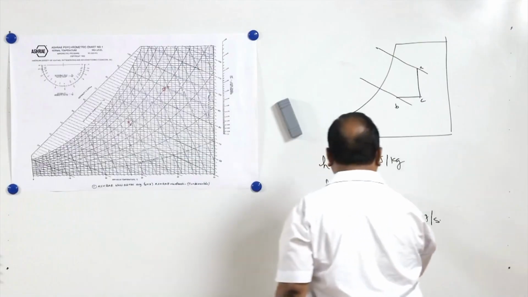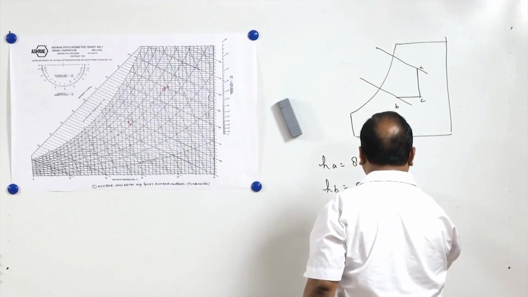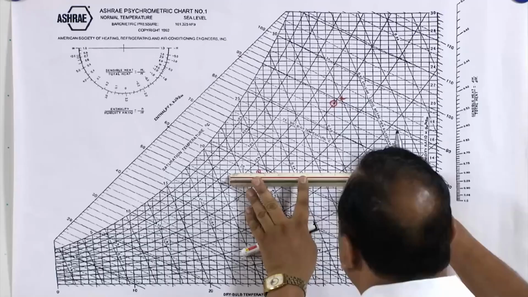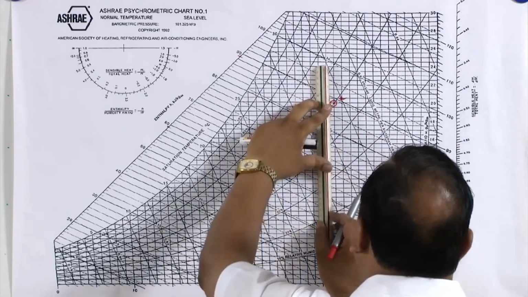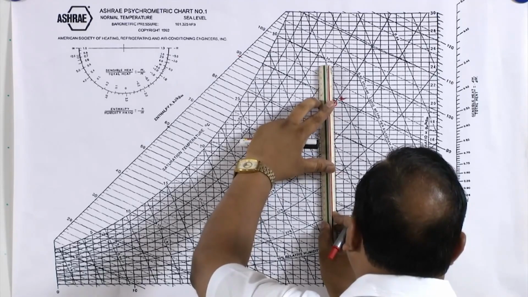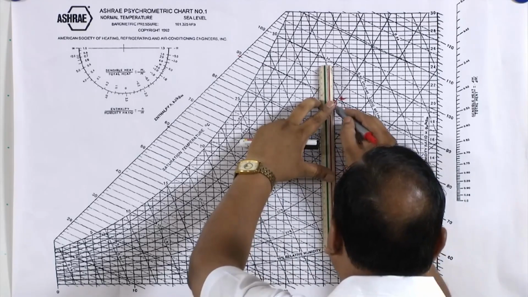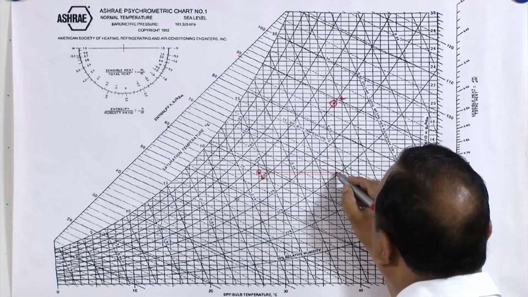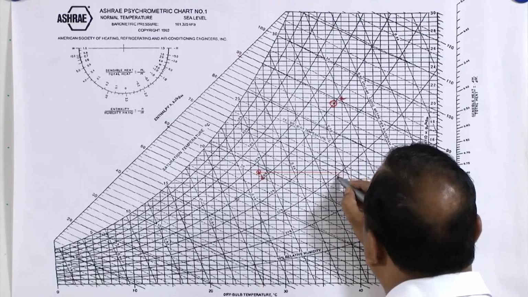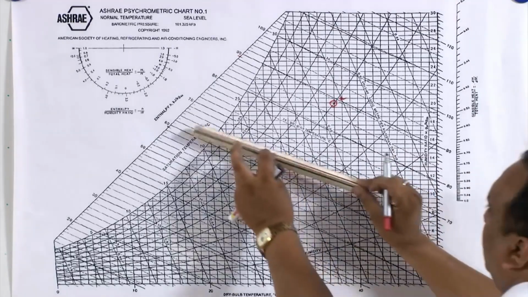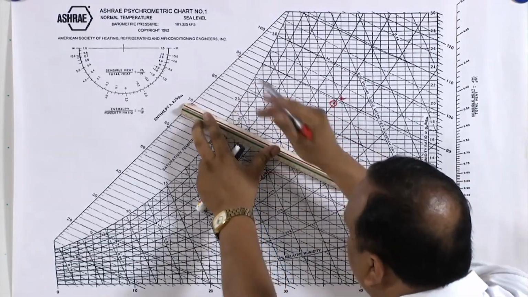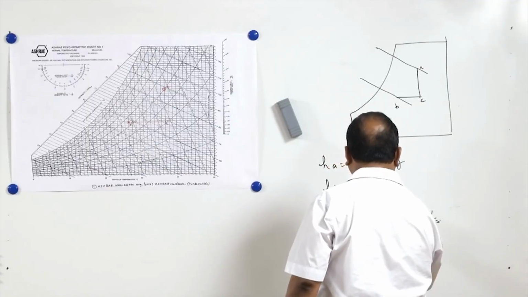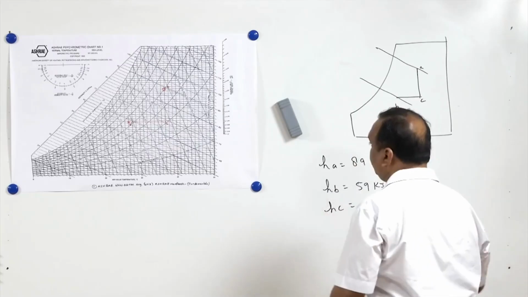HB is 59 kilojoules per kg of air, and for HC, first I will have to locate point C on this chart. This is point C, and at point C it is 69. So HC is 69 kilojoules per kg.